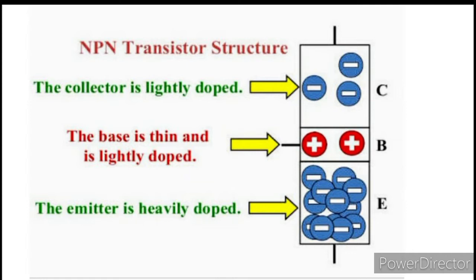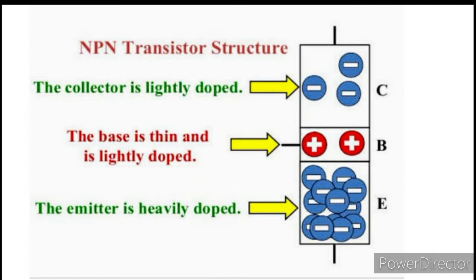What is doping? Doping means adding impurities to a pure semiconductor. This process is known as doping. Why dope? Because the current conductivity of a semiconductor can be increased by doping. In the transistor, the collector terminal is lightly doped compared to the emitter.